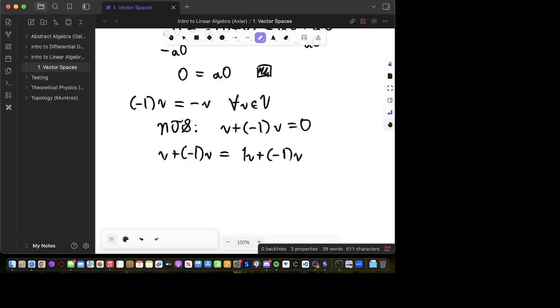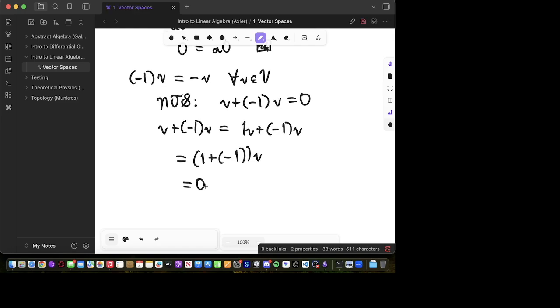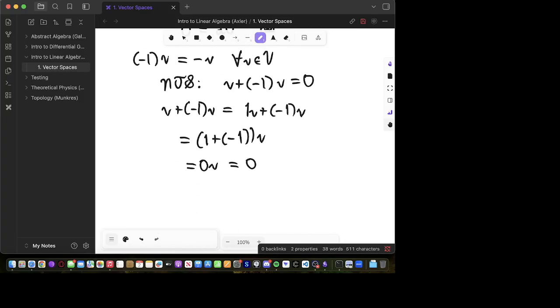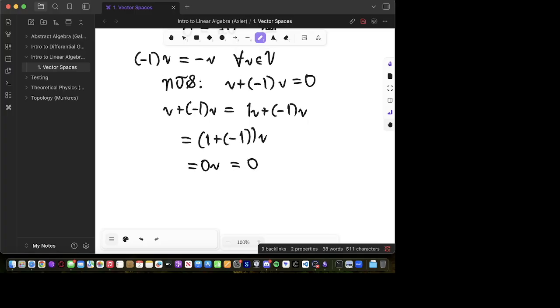And by the distributive property, or the reverse of that, we have 1 plus negative 1 times v. And no matter what field we're in, 1 plus negative 1 is going to equal 0. So we have 0v, which equals 0, as we previously said. Therefore, because this is true, we know that negative 1 times v is an additive inverse of v.